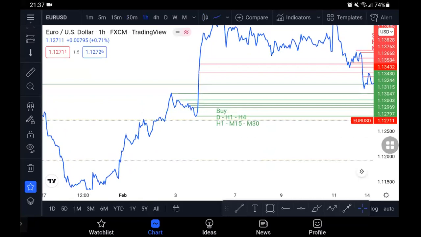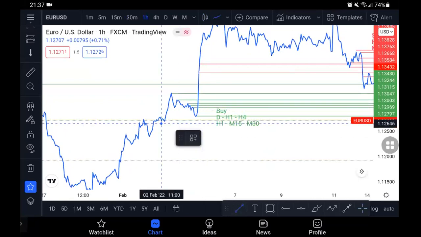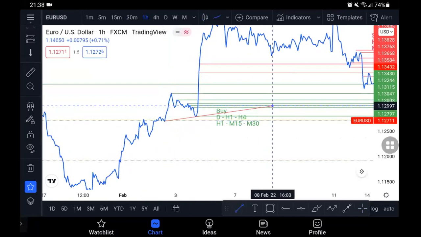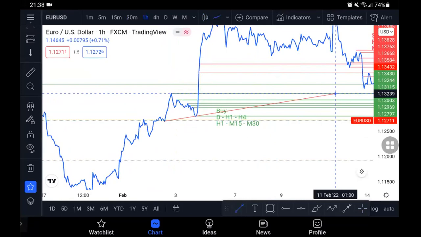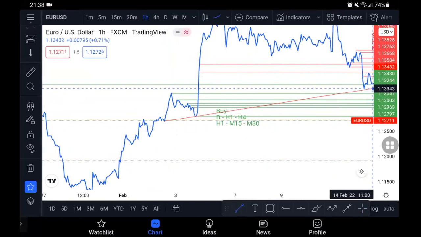So to use it, just simply connect 2 points. It doesn't matter which point to take or anything. Just mark everything and then just wait for the reaction.